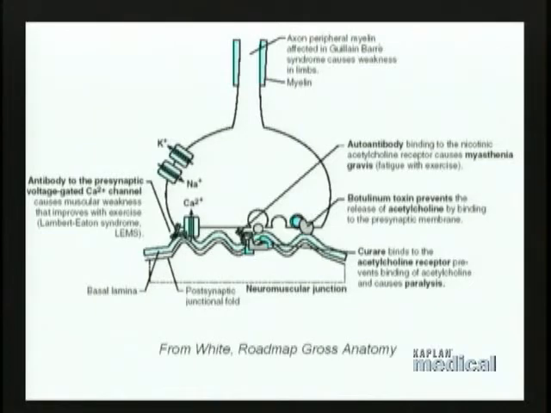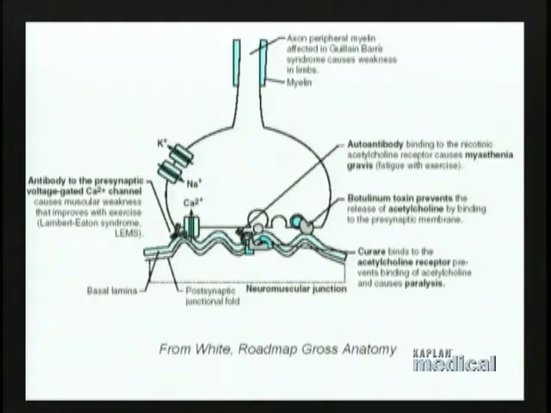Also shown here are a number of the different clinical elements that affect the neuromuscular junction or the axons that lead to them. Specifically, they include peripheral neuropathies that involve myelin of axons near the neuromuscular junction, which are affected in Guillain-Barré syndrome.